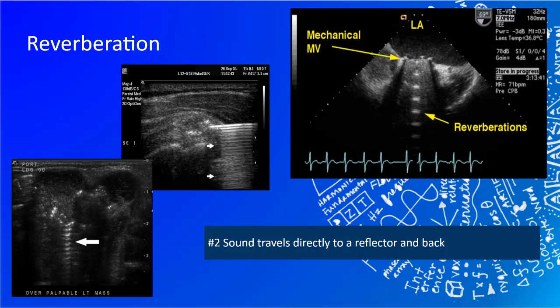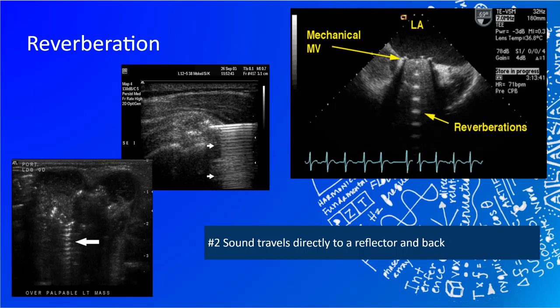Our first artifact that we'll talk about then is reverberation. Reverberation, when you see it in your images, it's going to appear as multiple, equally spaced echoes. Let me say that again. Multiple, equally spaced echoes. These are going to appear as parallel lines as they go down into the depth of your picture.